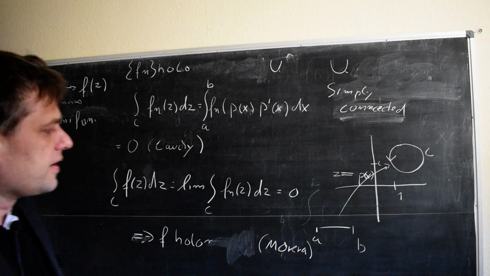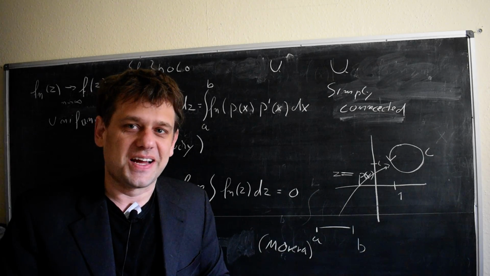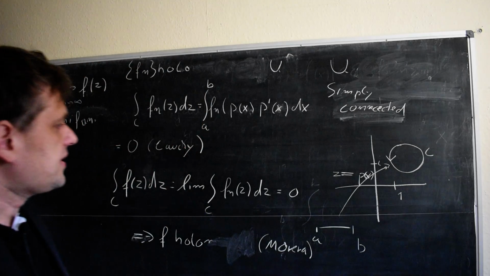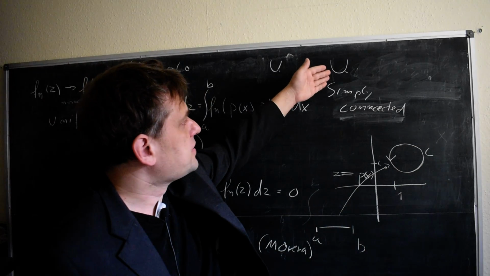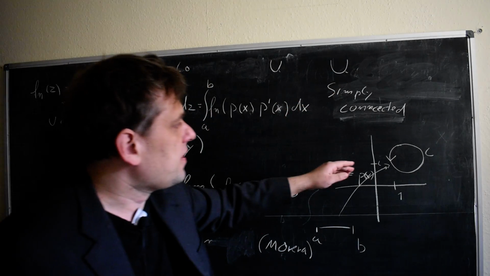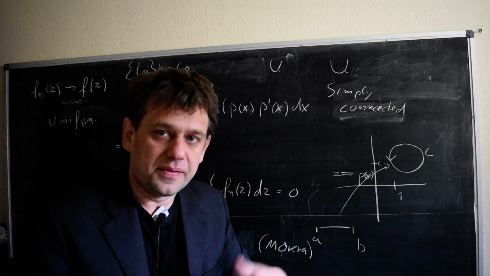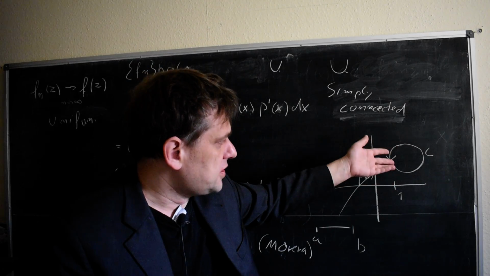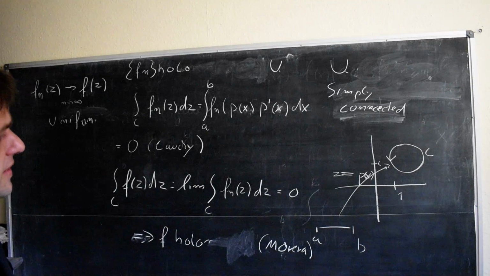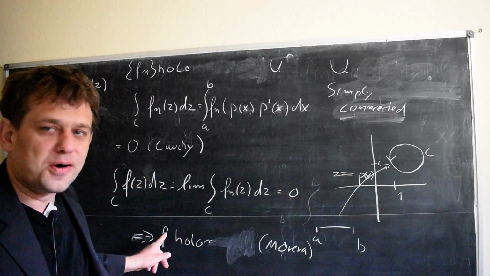And now we invoke another theorem we have previously proved on this channel, which is Morera's theorem. And Morera says if you're talking about a simply connected domain and you have the feature that your function's integral around every closed contour, such as our C, for example, is 0, then your function is already holomorphic.